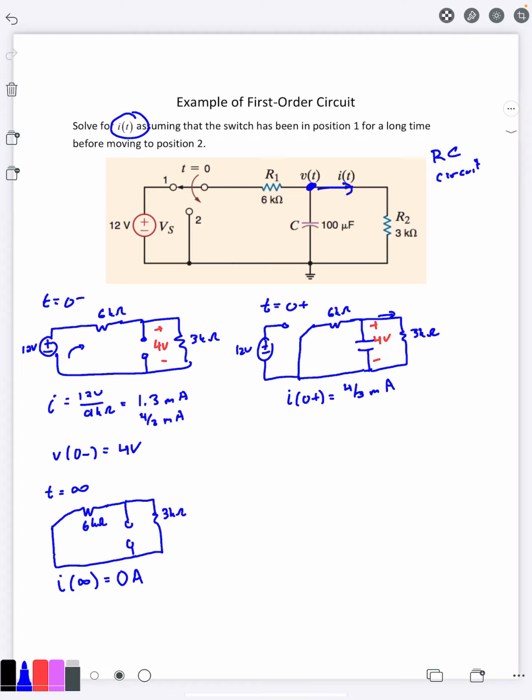And the last thing we need to figure out is our time constant. And there are two formulas for that. One is that the time constant is R Thevenin times C. And the other possibility is the time constant is L divided by R Thevenin. So in this particular case, it is the R times C version.